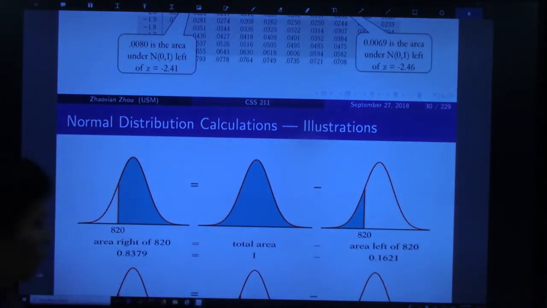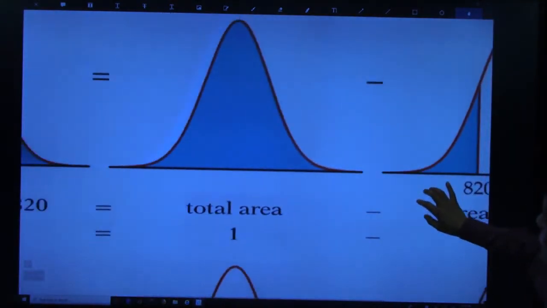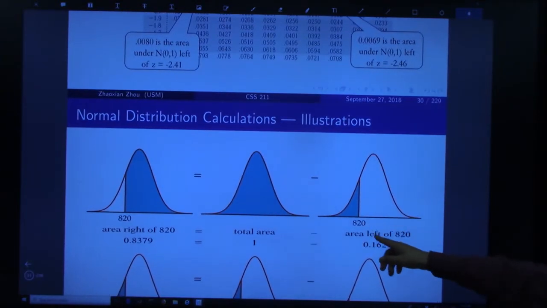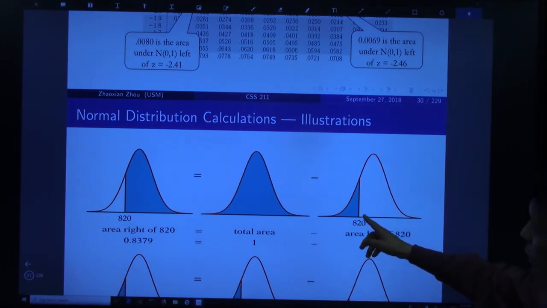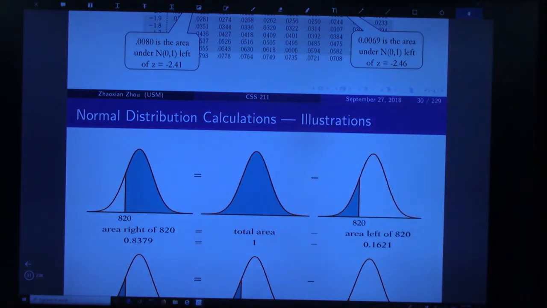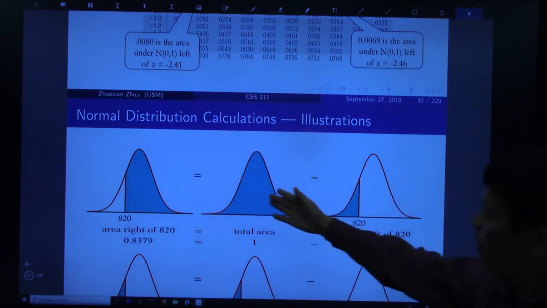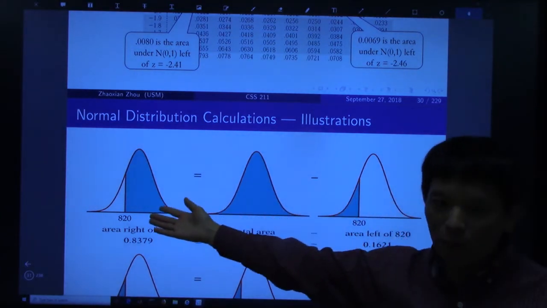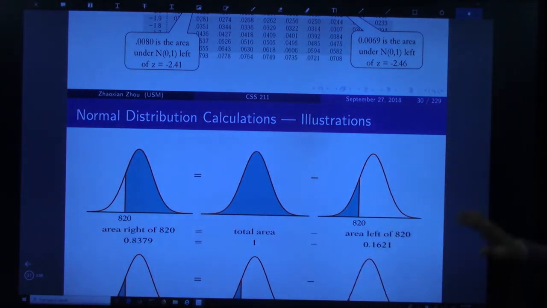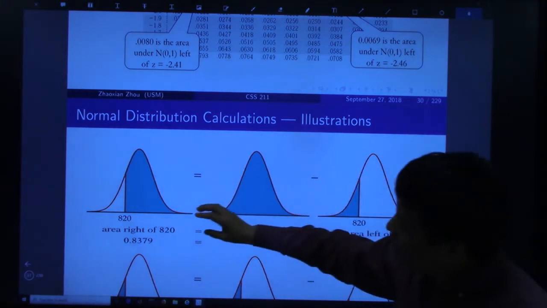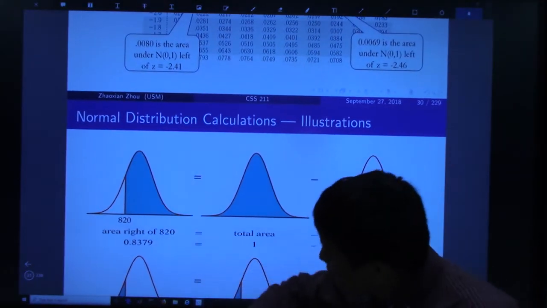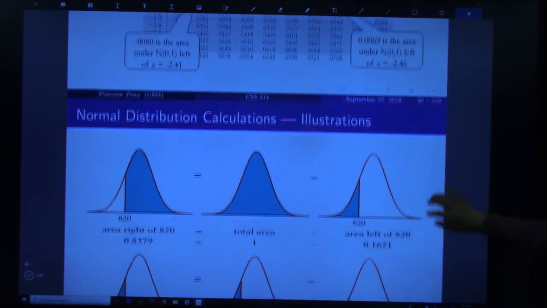That's the definition of a density curve. The left part is given by the table: corresponding to 820, we find the cumulative proportion. So we use 1 minus this one, and then we get the proportion. If we want to calculate a problem like this, we use 1 minus this.